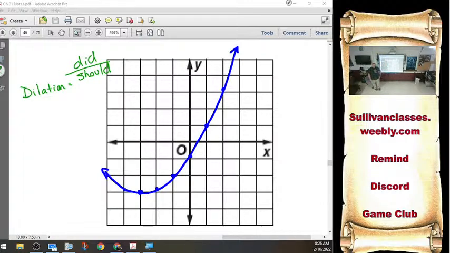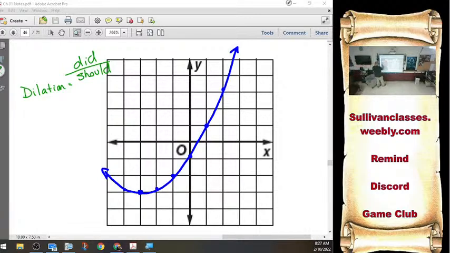It did this, but it should have done that. Percent increase or decrease, right? If I say your salary this year will be $40,000 a year, and last year it was $42,000, well, I would do 40 divided by 42, and I would get the percentage of my previous salary. I would also have that as a dilation, as a scale factor.